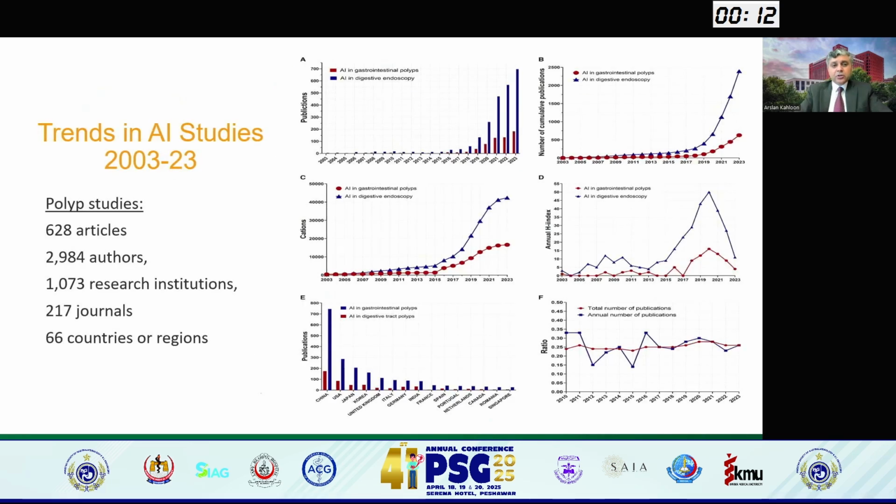If you look at how this has progressed in AI studies over the last 20 years, there's been a true explosion in the field of AI. If you look, just in the space of polyp studies, and we're not just talking about stuff that has happened within overall the field of GI and digestive endoscopy, just on the polyp side, in the last 20 years, there have been over 600 articles published by more than 2,900 authors in over 200 journals, from all across the world.